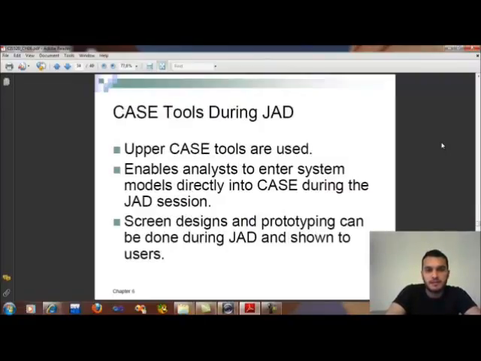And CASE tools during JAD: upper CASE tools are used and enable analysts to enter system models directly into CASE during the JAD session. Screen design and prototyping can be done during JAD and shown to users.